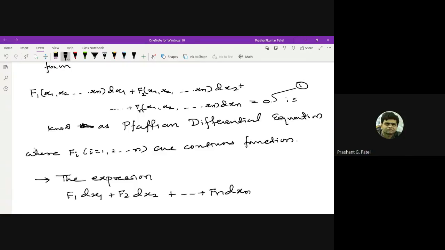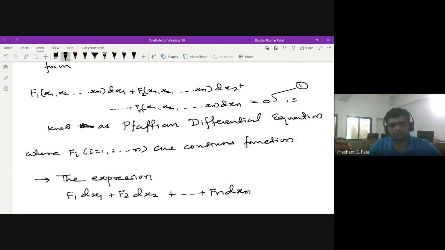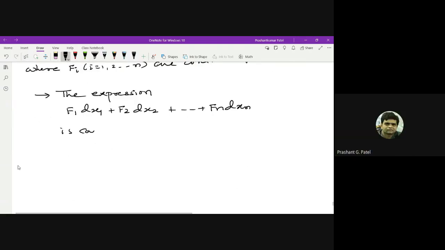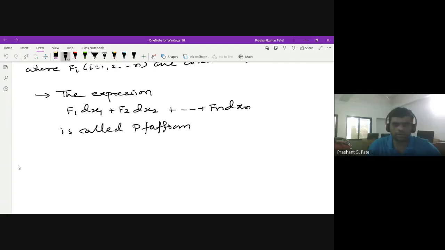Now I'm not writing that F1 is a function of x1, x2, up to xn, so you should understand that. It's called the Pfaffian differential form.